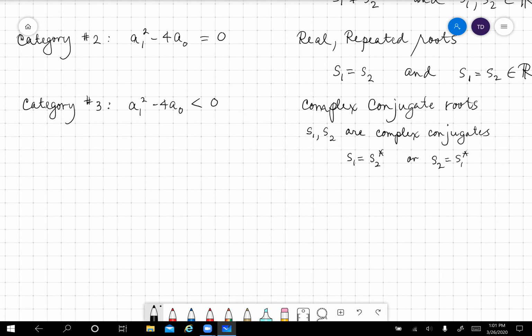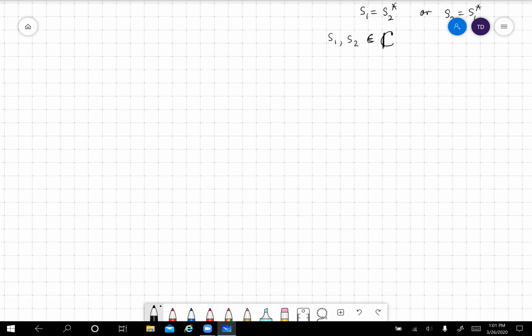They're the conjugate of each other. And at the same time, S1 and S2 obviously are elements of the complex number system. So they're complex. So usually we're not really fond of running into complex numbers, but we're not going to let any of that bother us. Let's do some examples.